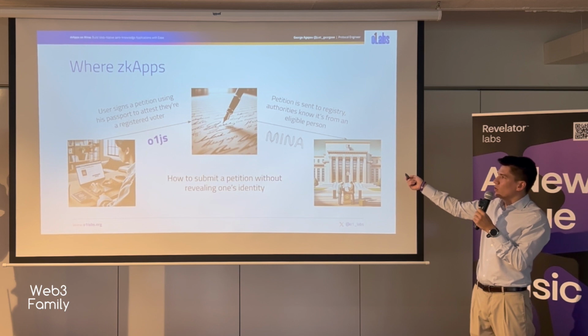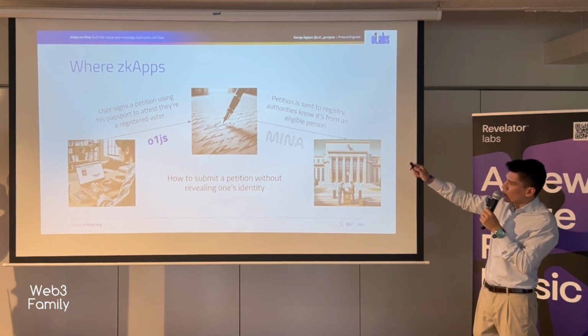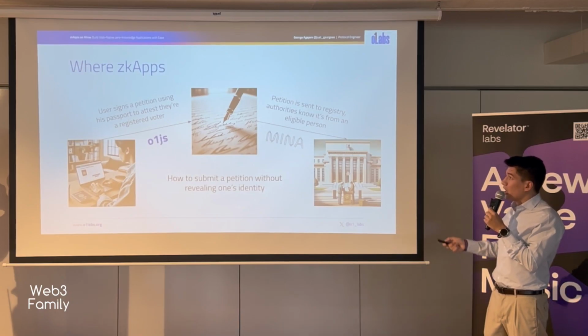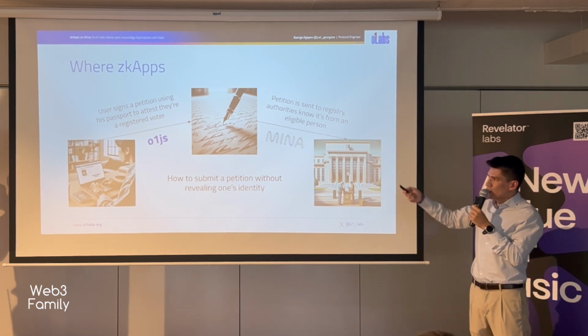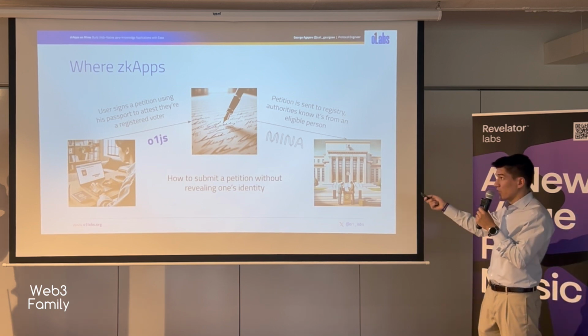Going back to this example, we can kind of split this talk into equal parts. The first part will involve O1.js, which is our TypeScript framework for writing smart contracts, these zero-knowledge applications. The second part will briefly mention how we incorporated these O1.js programs into the Mina blockchain.